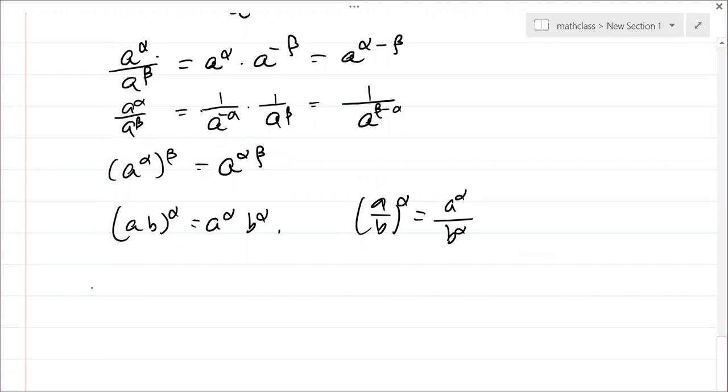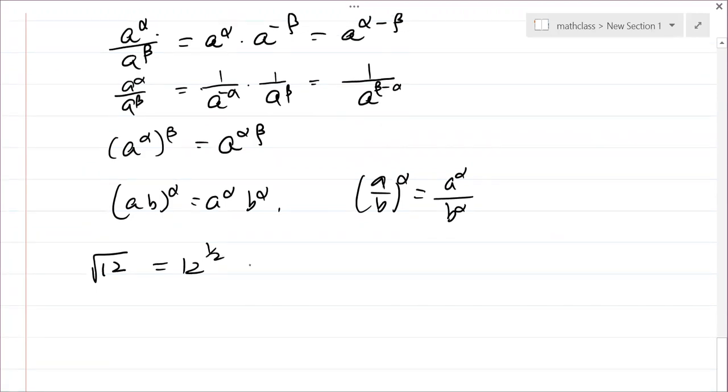For example, the square root of 12. This is 12 to the 1/2. And 12 is going to be 3 times 4, so you can express it in a form like that. Which formula are we using?